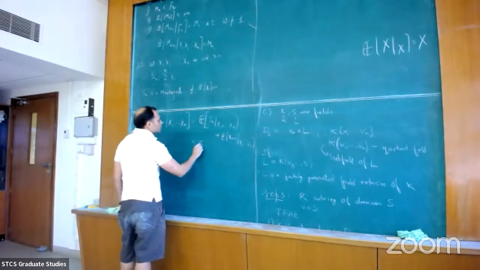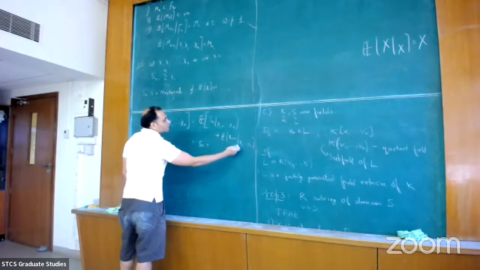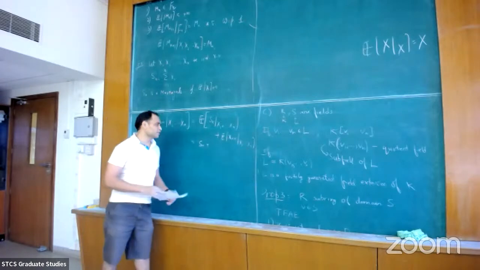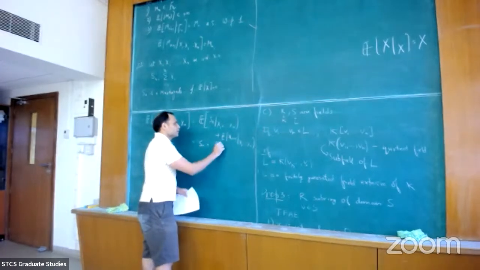So this is simply Sn plus, now, Xn plus 1, which by definition is independent of all the x1 through xn. So this is equal to the expected value of Xn plus 1.